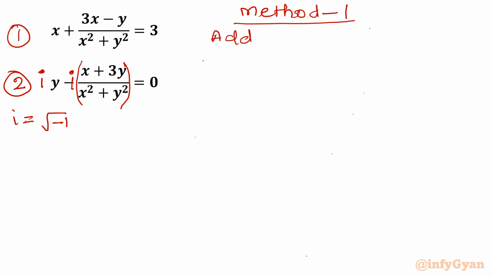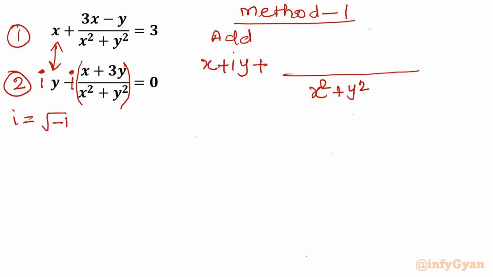So I will write x plus iy, these two additions. Now I will write, because denominator is same, so I can write like this: x square plus y square, common denominator, and then I will write 3x minus y minus ix minus 3iy, and right hand side you can see it would be 3. Done.